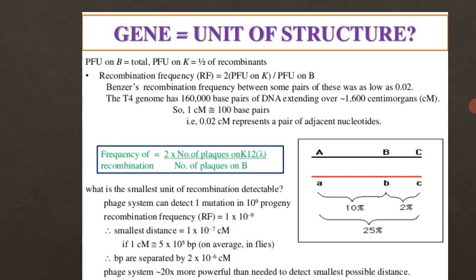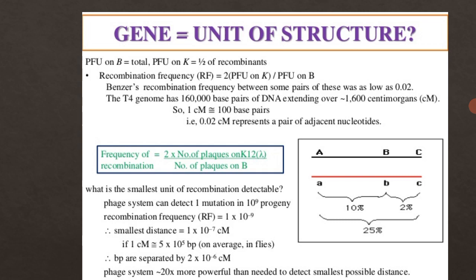So now Benzer also calculated the recombination frequency, and he got a frequency of 0.02 centimorgans, okay. Now this represents a pair of adjacent nucleotides, very close nucleotides.